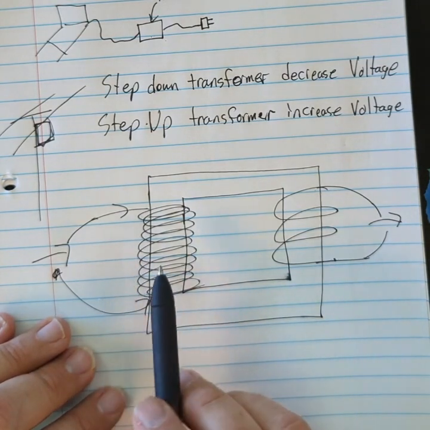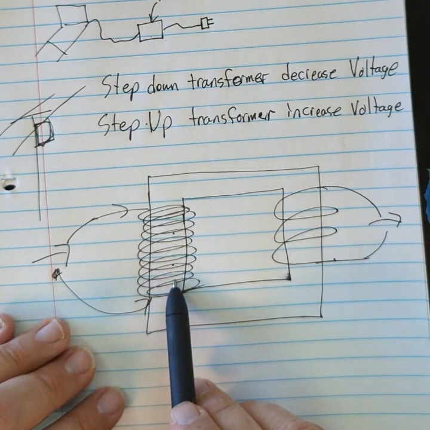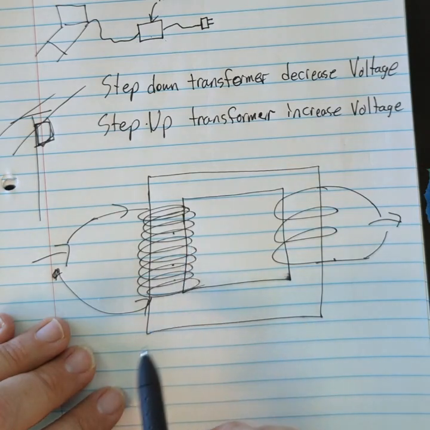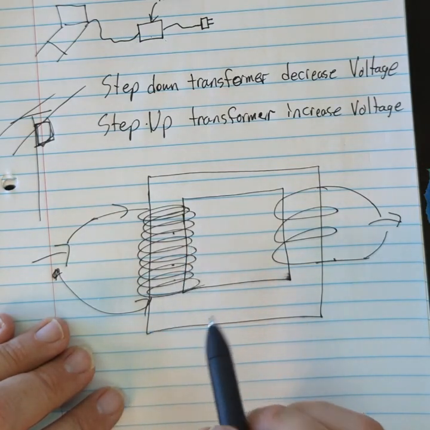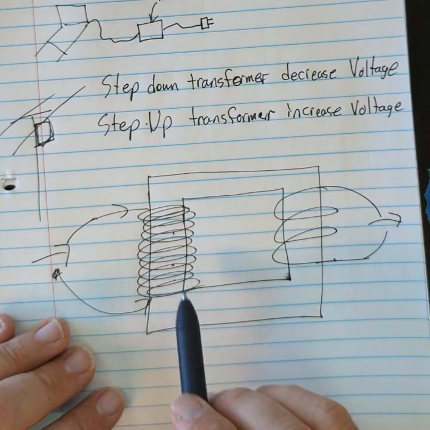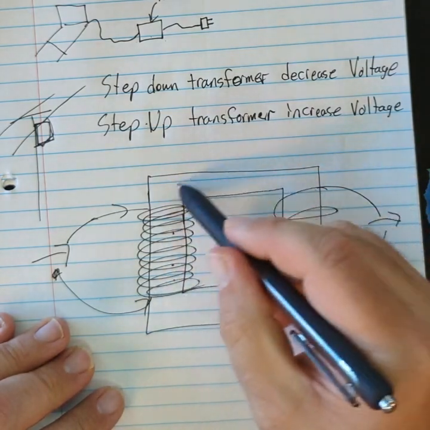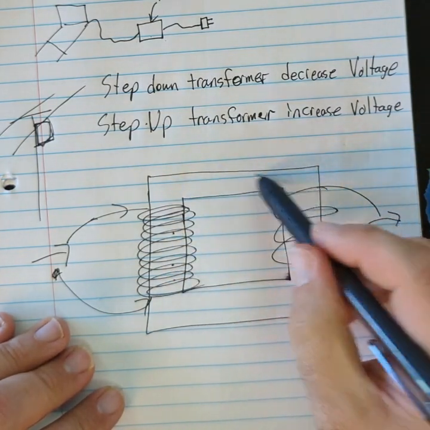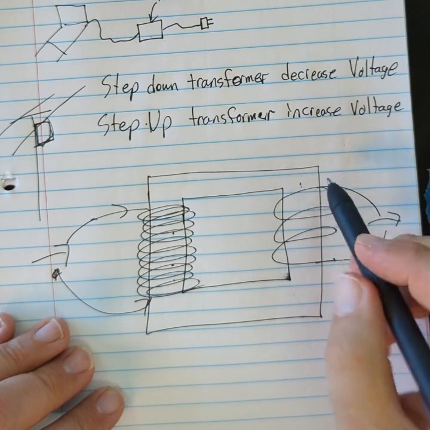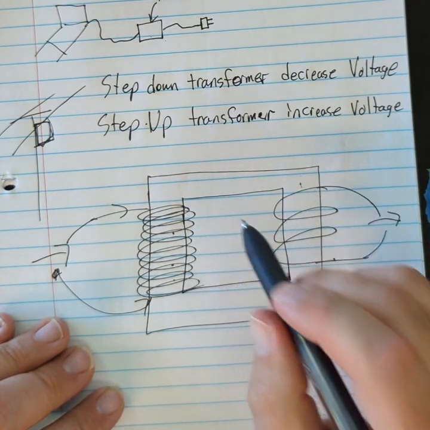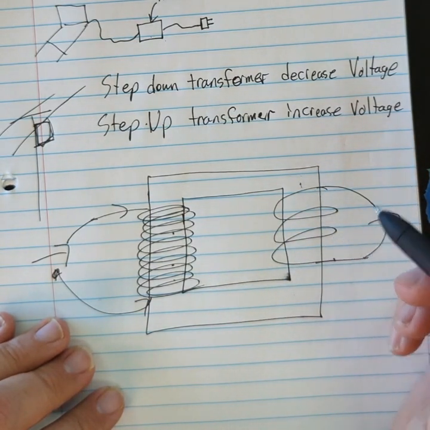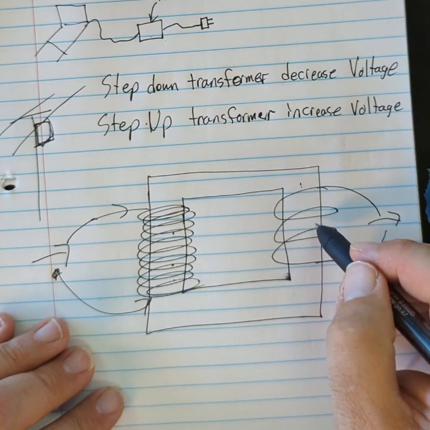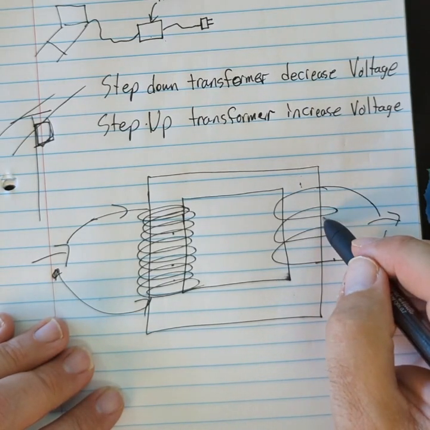So what happens is these coils, just like an electromagnet, induce a magnetic field in this iron core. But because this is a big loop, that magnetic field induces an electric current in this wire.